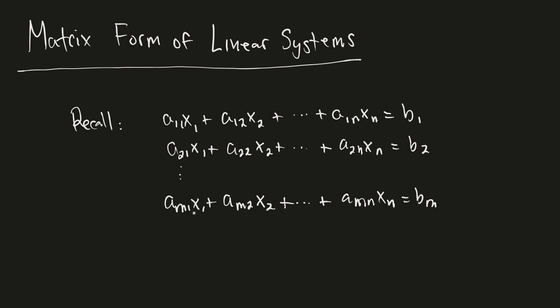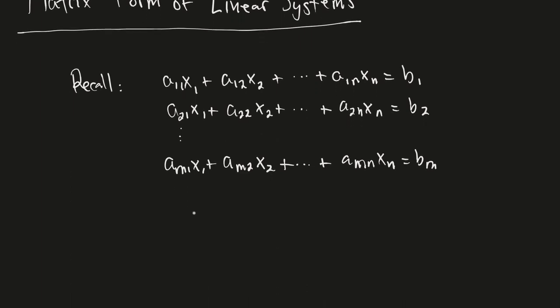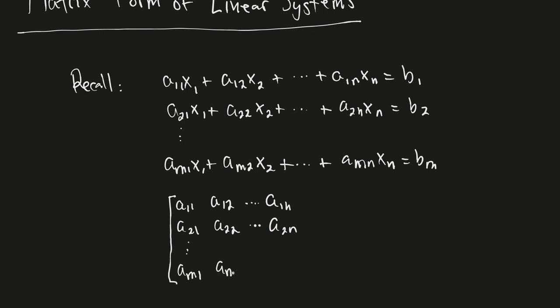So if I just look at the a's and I write my A matrix as a11, a12, dot dot, a1n, and then a21, a22, dot dot, a2n, and all the way down to am1, am2, dot dot, amn.